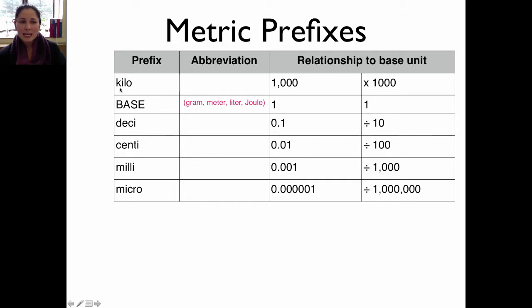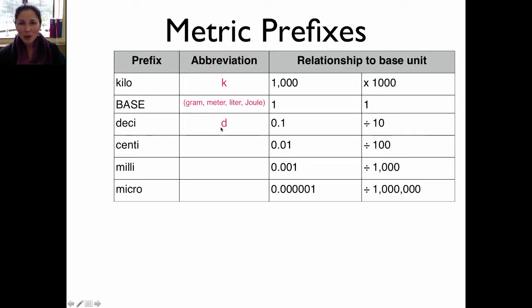The prefix kilo in front of a base unit, like a kilogram or a kilometer, means 1,000 times the base unit. So it has the abbreviation of a lowercase k, and it means that it's 1,000 times bigger than the base unit. In this chart, the relationship means that a kilogram is 1,000 times the amount of 1 gram.